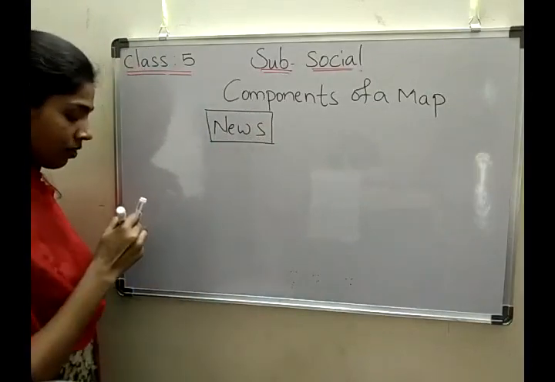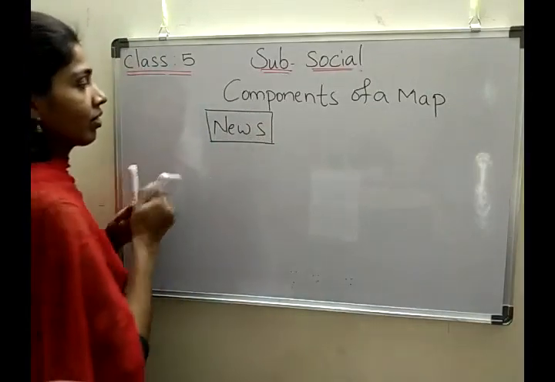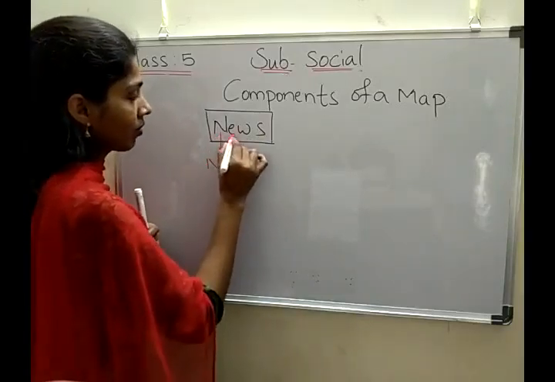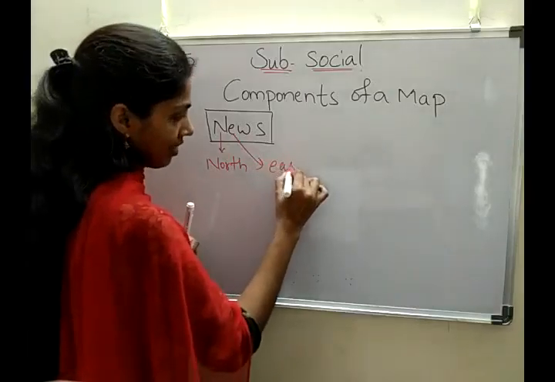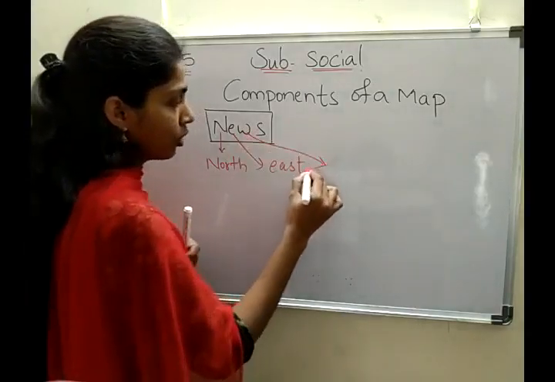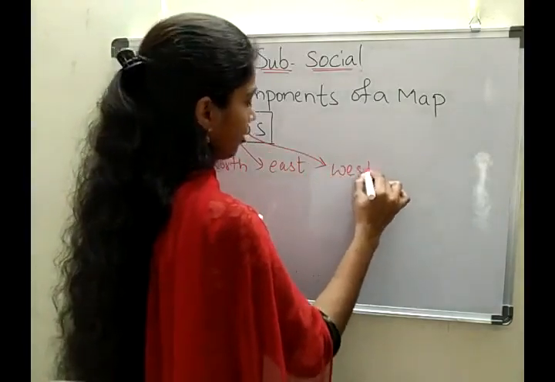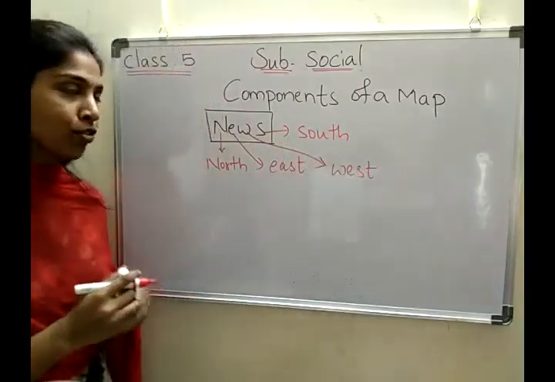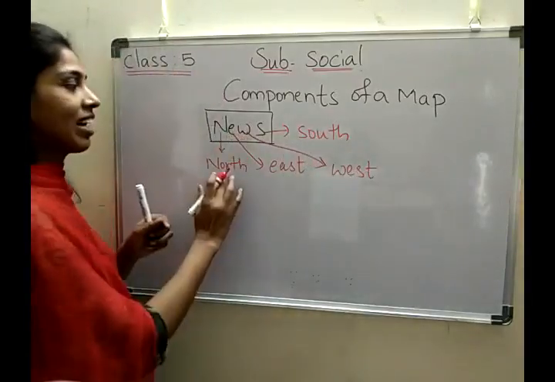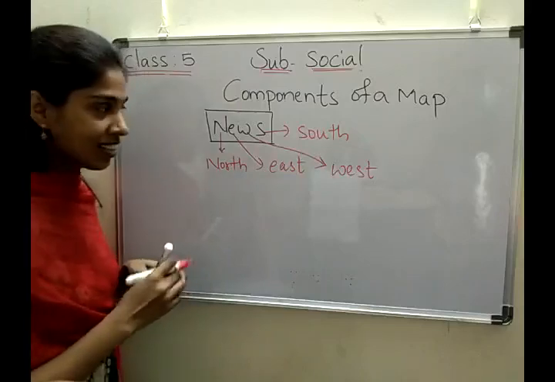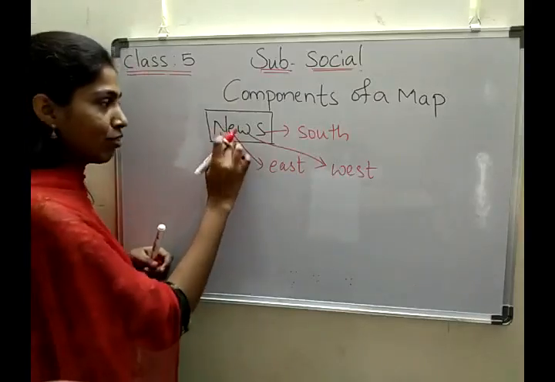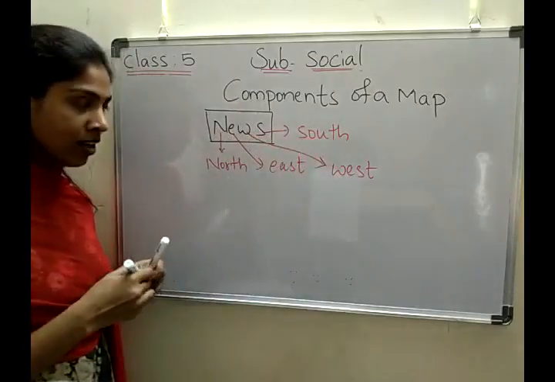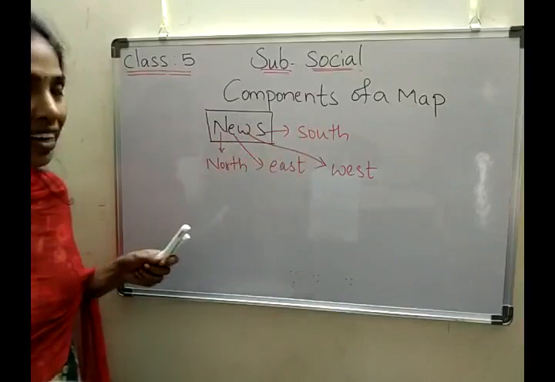News. Here, N for north, E for east, W for west, and S for south. If you remember this word, easily we can remember the directions. N for north, E for east, W for west and S for south. These four are main directions.